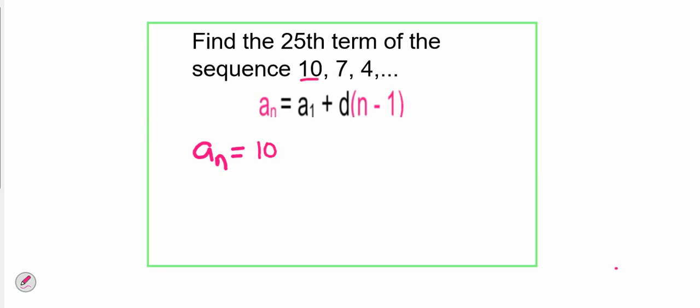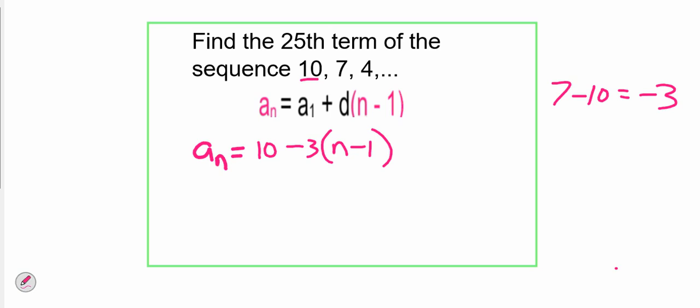Our d, we could either just see that it's going down by 3s, and we know that our d is negative 3, or we could take our 7 and subtract 10, and that's going to give us negative 3. We're going to rewrite the rest of it.